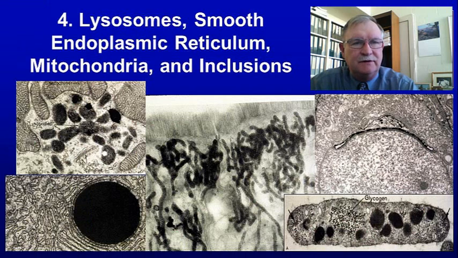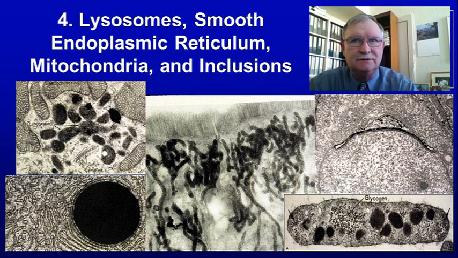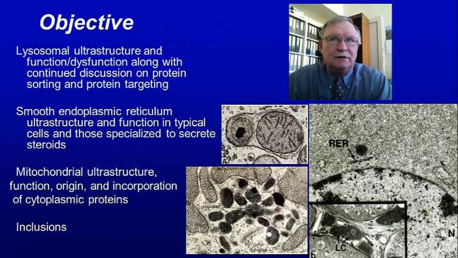I am a professor at Texas A&M University, and today we're going to talk about lysosomes, smooth endoplasmic reticulum, mitochondria, and inclusions. We want to look at lysosomal ultrastructure, their function and dysfunction, along with continued discussion of protein synthesis, as we started before.